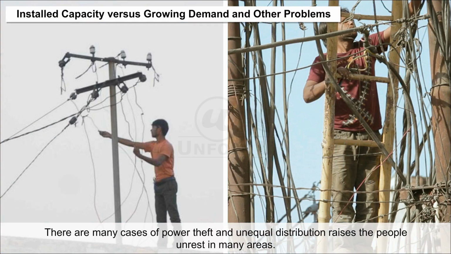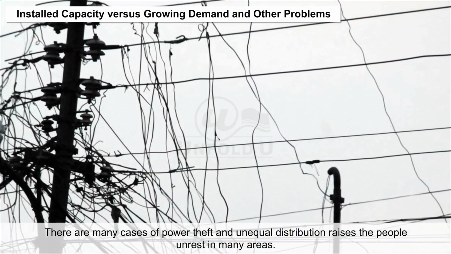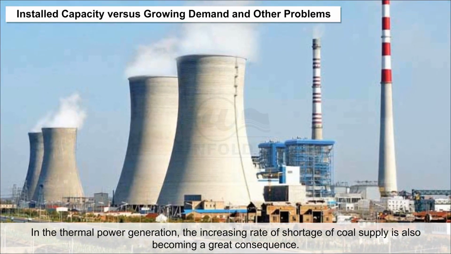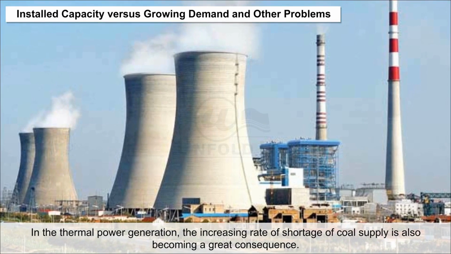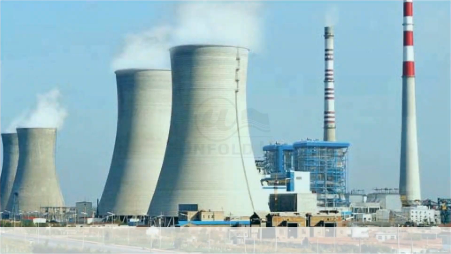There are many cases of power theft, and unequal distribution raises people's unrest in many areas. In thermal power generation, the increasing shortage of coal supply is also becoming a great concern.